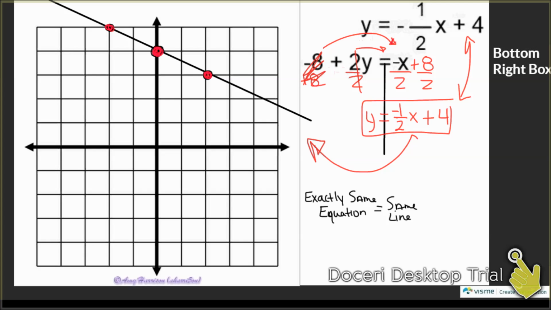If it's the exact same equation, the exact same line, that tells me there are infinitely many solutions. So my answer would be infinitely many solutions.